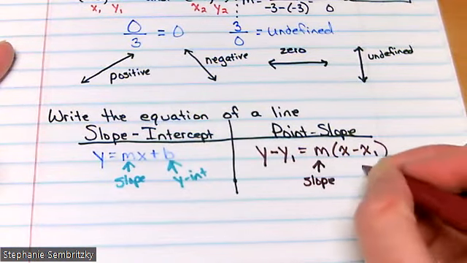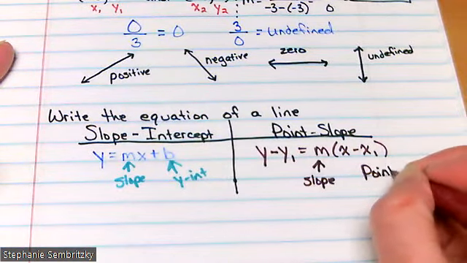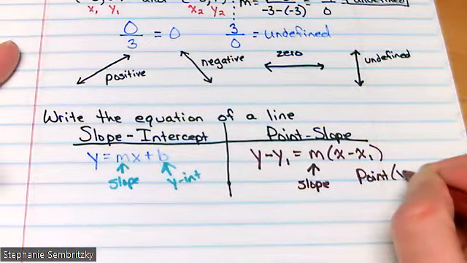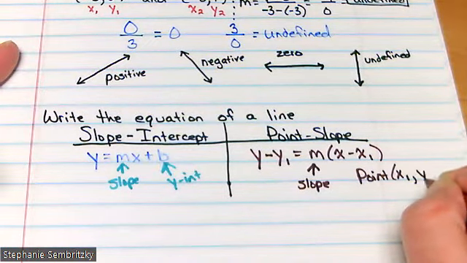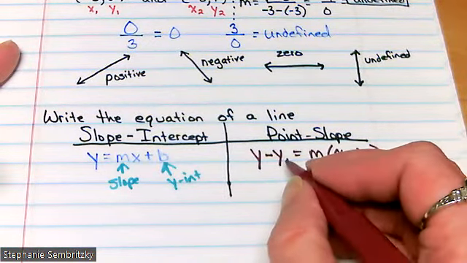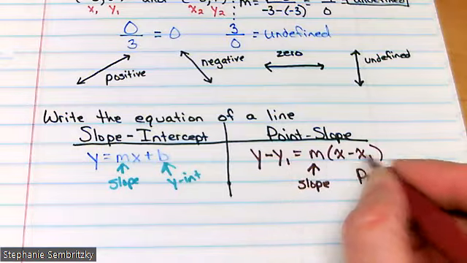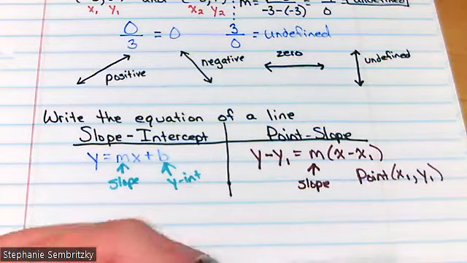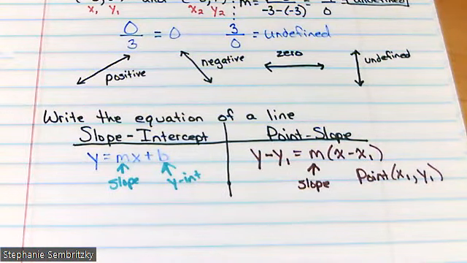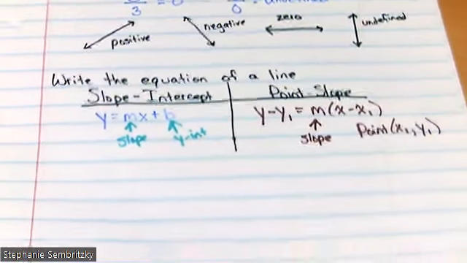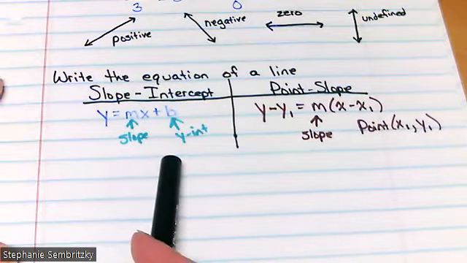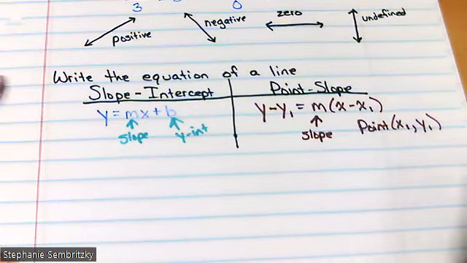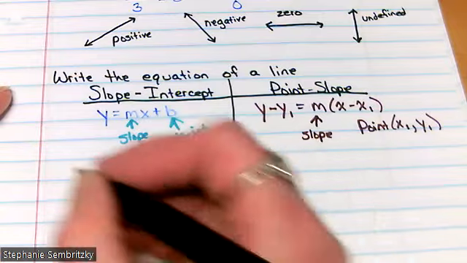And you need any point on the line. That's going to go in for x1 and y1. So the only things we fill in are the slope and x1 and y1. Unless I am given the graph or the slope and the y-intercept, this is the version I usually go for.